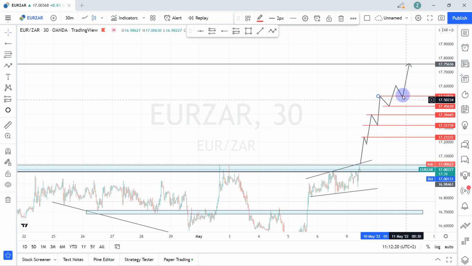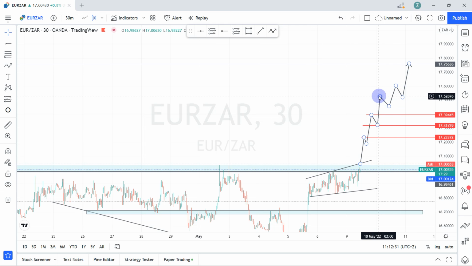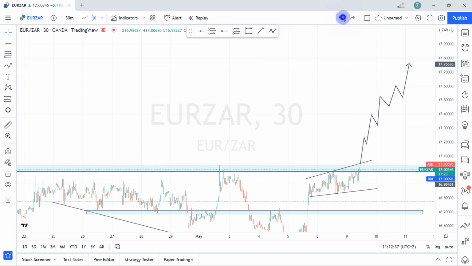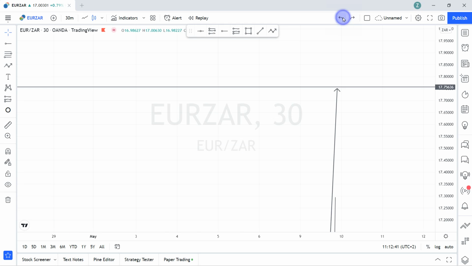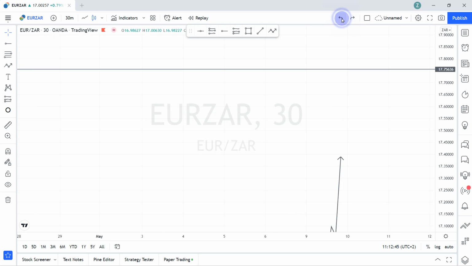As you can see, once the market retested here, we're looking for further buys. So that's basically how I would cater for locking my profits if the market would respect my buy setup.